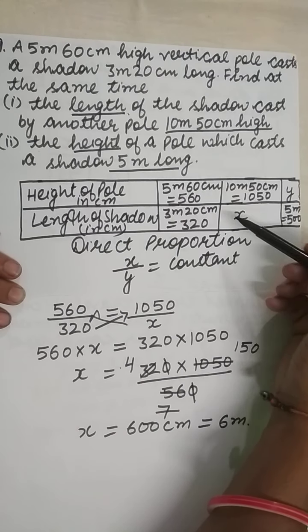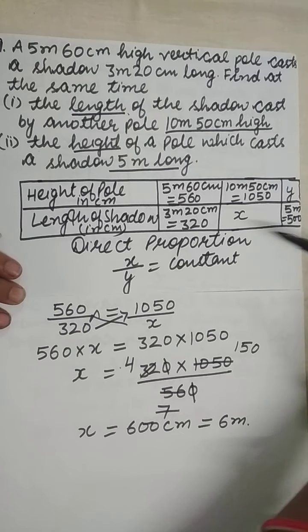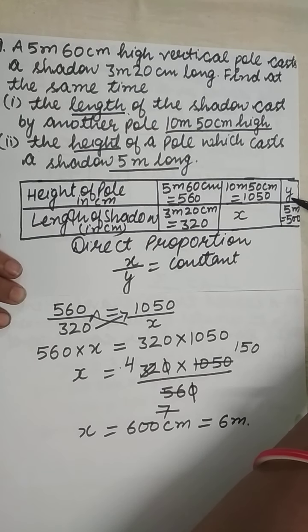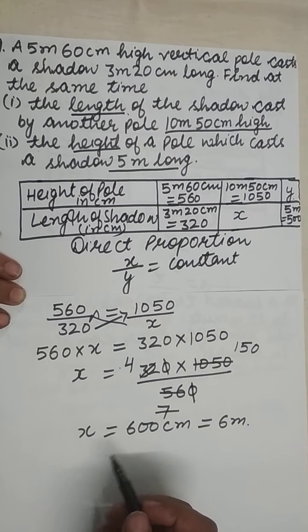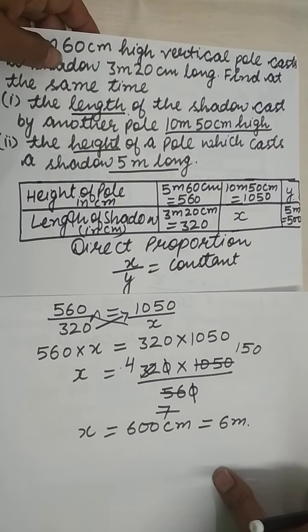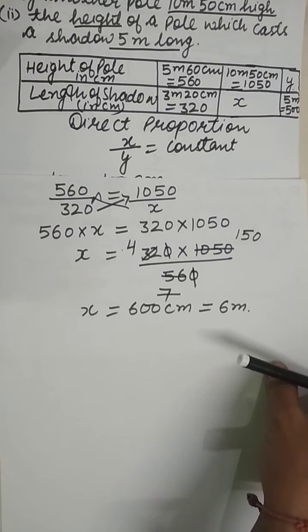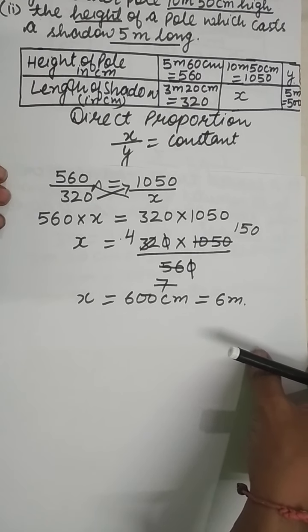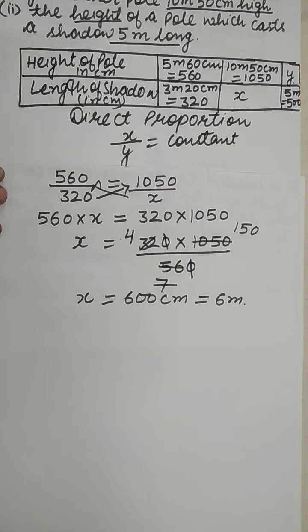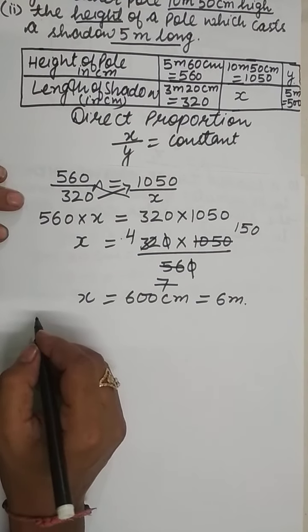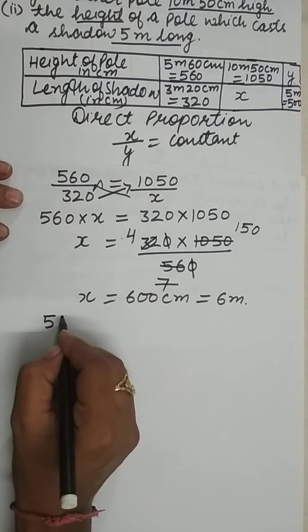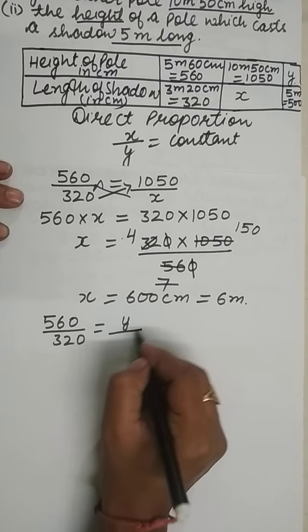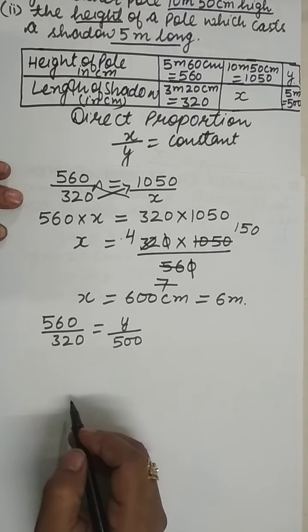Now for the next part, the length of the shadow is 500 centimeters and we are to find out the height of the pole. So we can say that 560 upon 320 is equal to y upon 500.